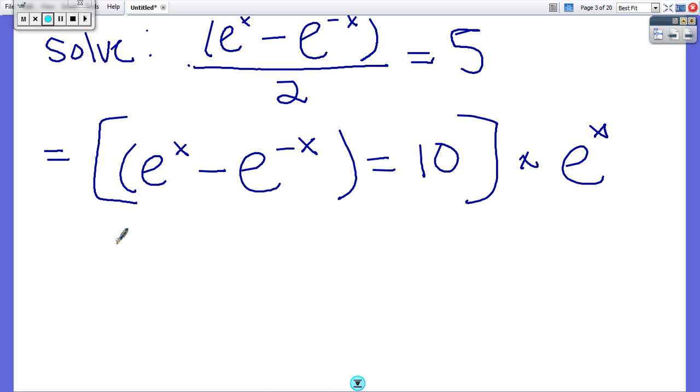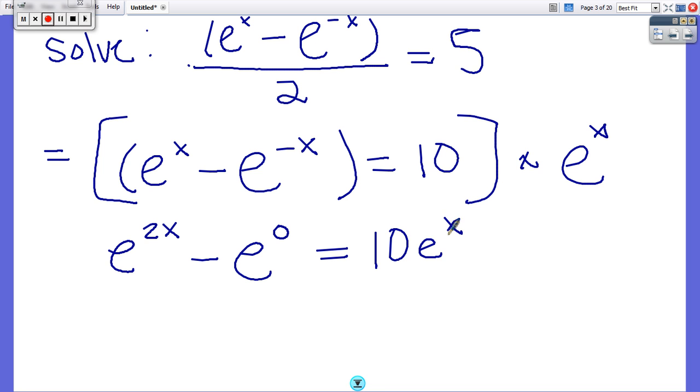So e to the x times e to the x is e to the 2x, minus e to the negative x times e to the x is going to be e to the 0x, and that's equal to 10 e to the x. Right away we know that anything to the 0 power is always equal to just 1. So now I can rewrite my equation as e to the 2x minus 1 is equal to 10 e to the x.